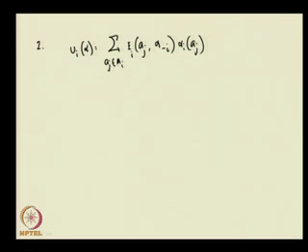Basically we are talking about the expected payoff from each of the actions of that player and multiplying each of those expected payoffs with the probabilities with which that action is played by player i.